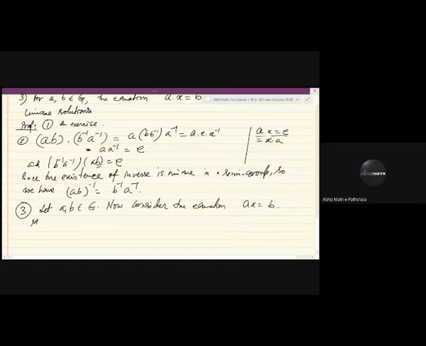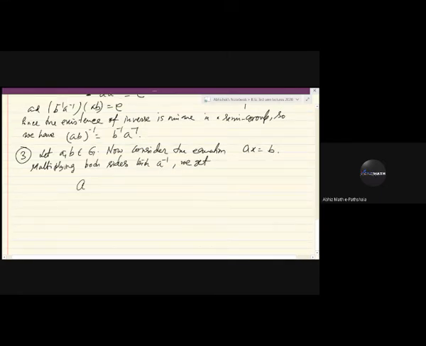So multiplying both sides with A inverse, we get A inverse dot Ax equals A inverse dot B. Now on the left side, using associativity, we have A inverse A x equals A inverse B. Now A inverse A is identity, so x is A inverse B.